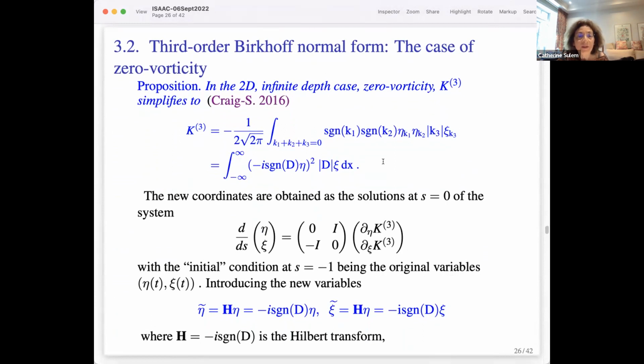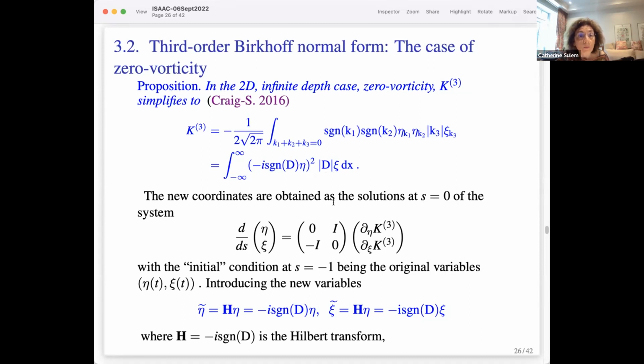It's not always the case, but in that particular case of zero vorticity and deep depth, this K3 is very simple, and it corresponds to this functional. The new coordinates are obtained as the solution at s equals 0 of the Hamiltonian system associated to the flow.